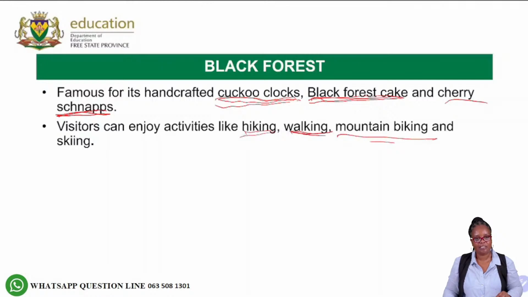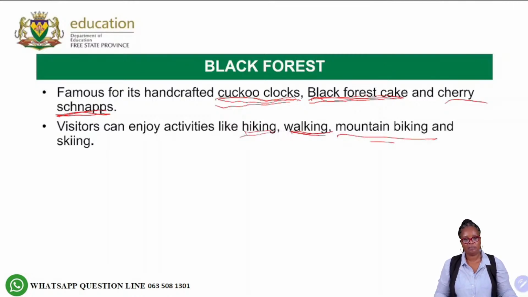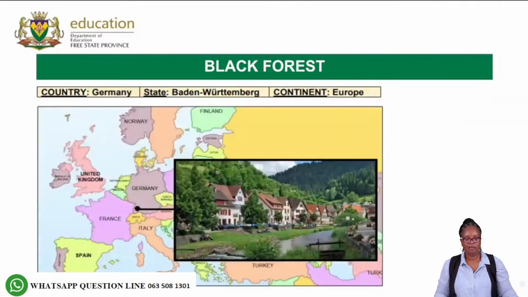What activities can tourists do when they visit a certain icon? But for Black Forest, they'll do hiking. Remember we said that it's a lot of mountains there. And a lot of trees. The pine ones and the fir ones.